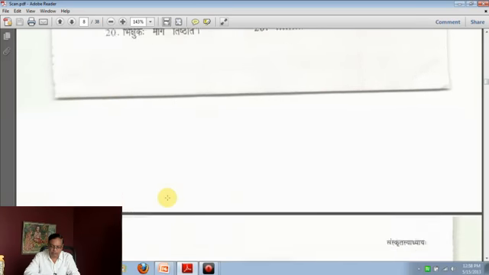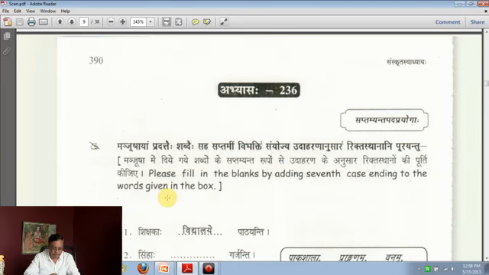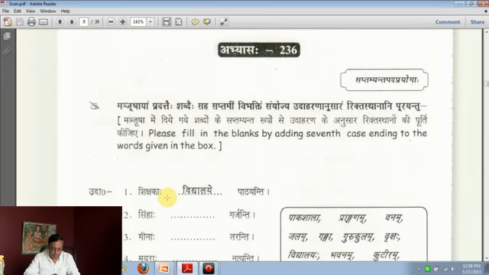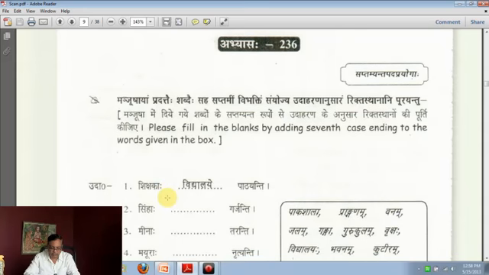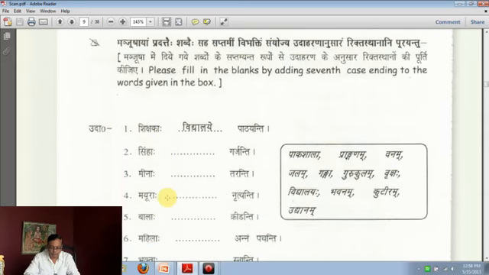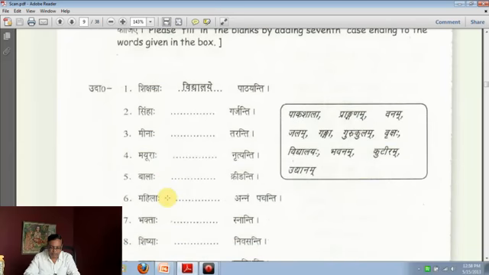Saptamyanta pada prayogaha. Some simple exercise is coming up here. You have to fill up the blanks by adding the seventh case ending. The words listed are Pakashala, Pranganam, Vanam, Jalam, Ganga, Gurukulam, Vrikshaha, Vidyalayaha, Bhavanam, Kutiram, Udyanam.